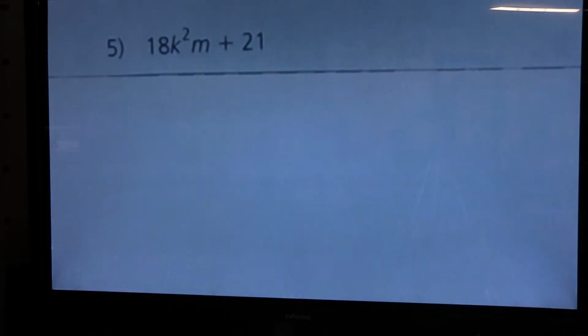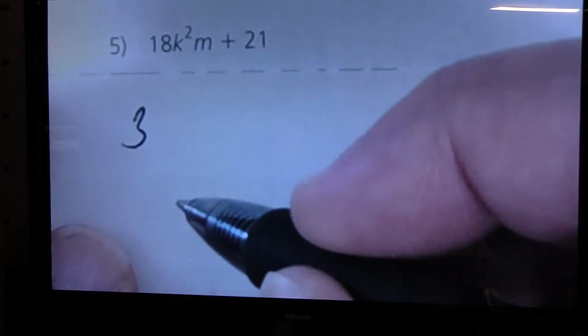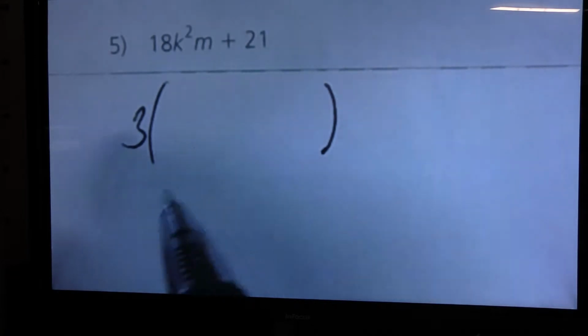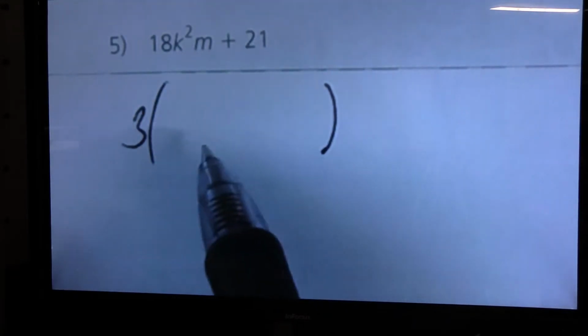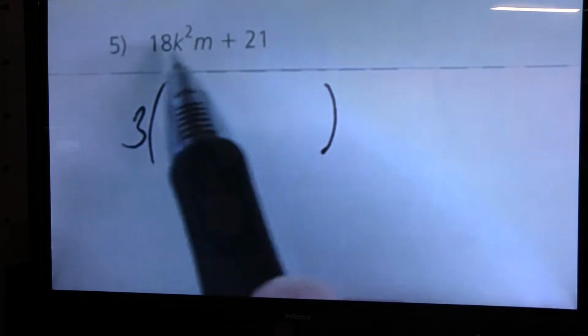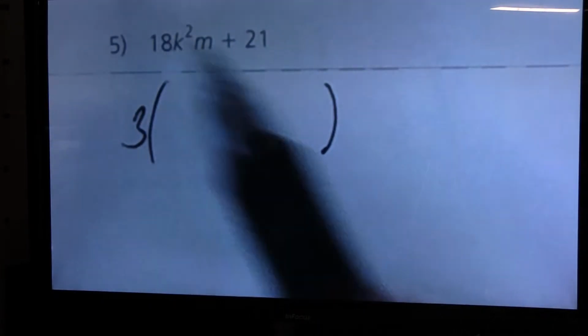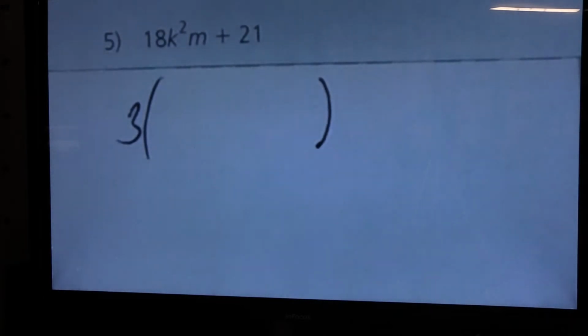And the way I would write that would be like this. I put my greatest common factor 3 right here, and in parentheses I'm going to write how many groups of 3, or what I have to multiply by 3 to get these two terms. So, what am I going to multiply by 3 to get 18k squared m?